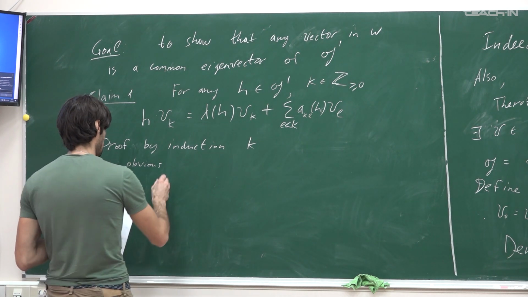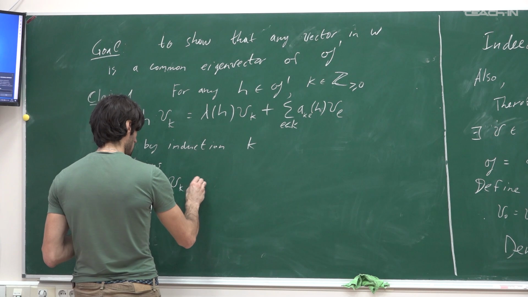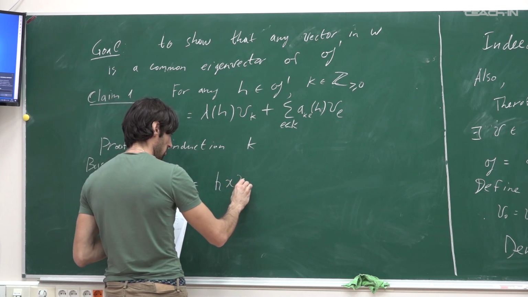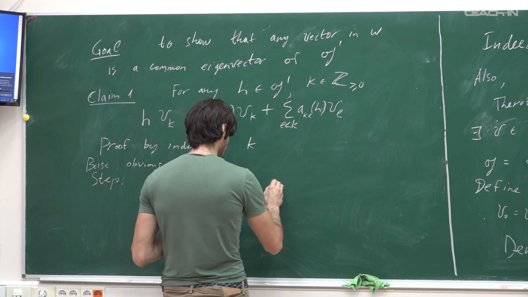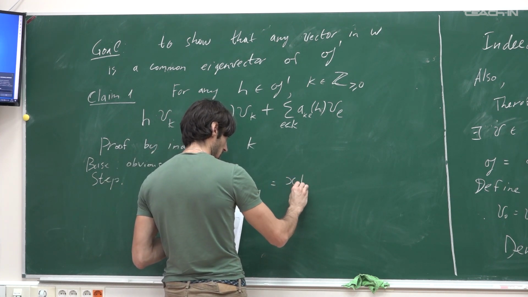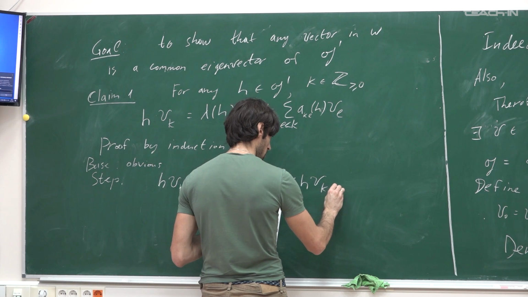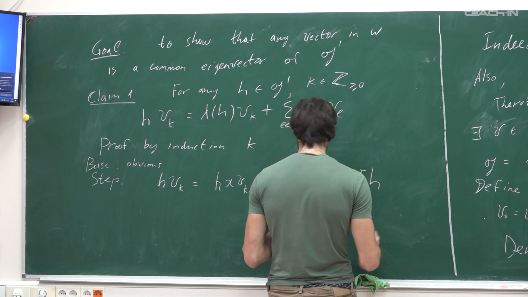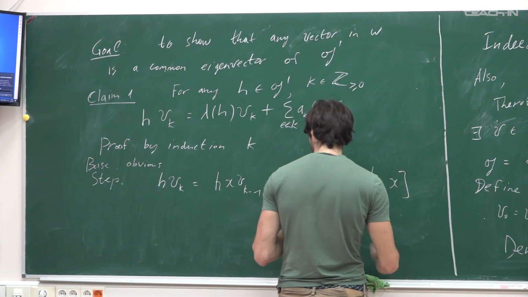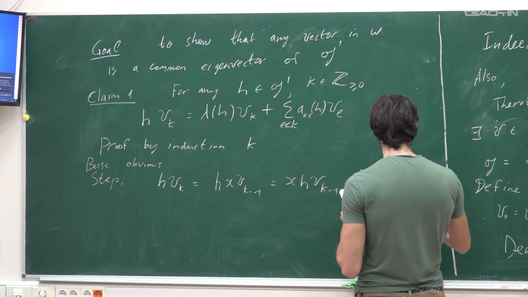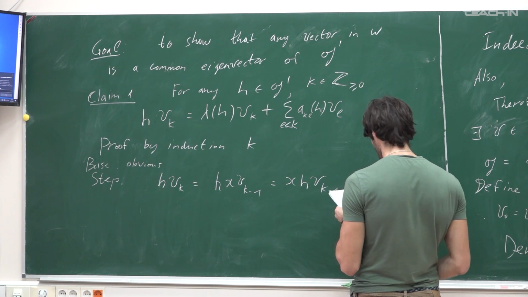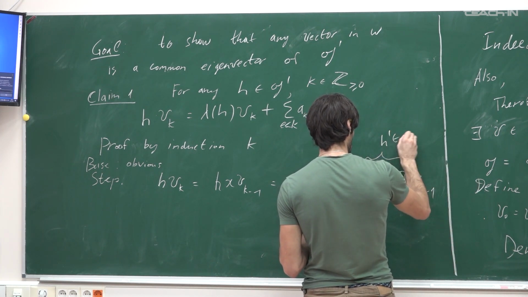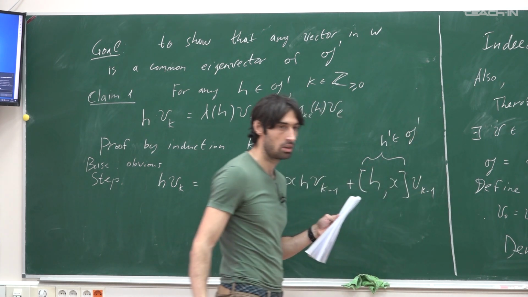So I will take h v_k, and I need to write what is v_k. It's x times v_{k-1}. So it is x h v_{k-1} plus the bracket, the commutator, right? [h, x] v_{k-1}.